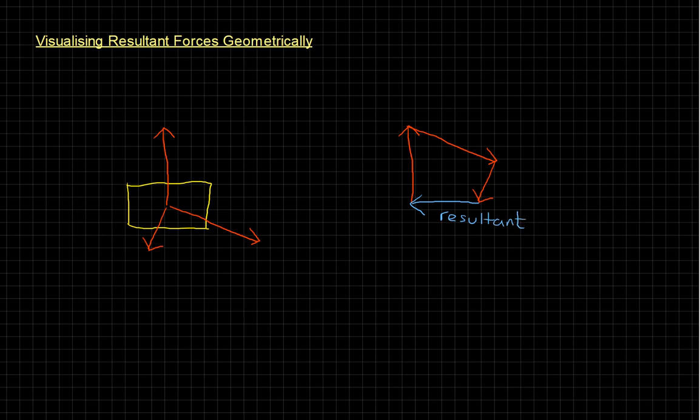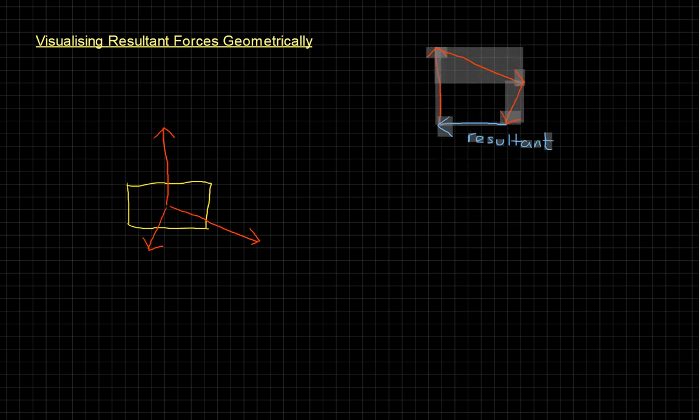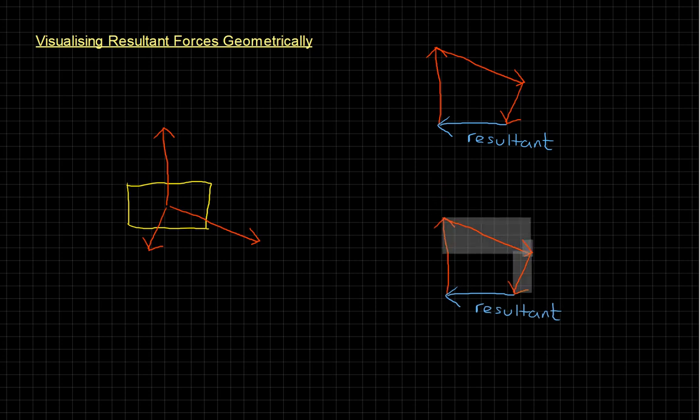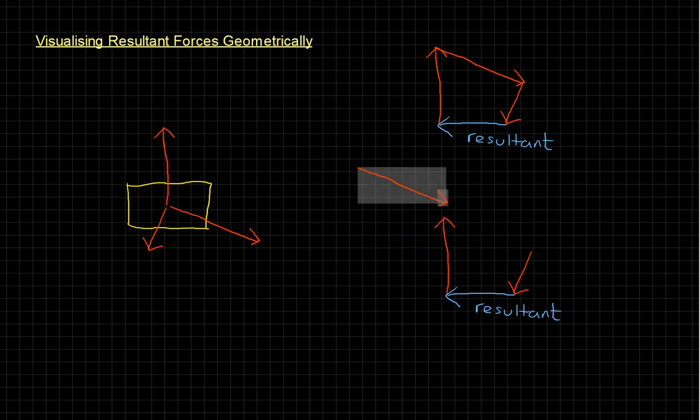What's interesting about this is that it doesn't actually matter what order you put these arrows in. So again, let's just stick this over here. If I make a copy of this one, let's say I take this arrow first, and then stick this arrow at the end of it, and then take the little red one here.